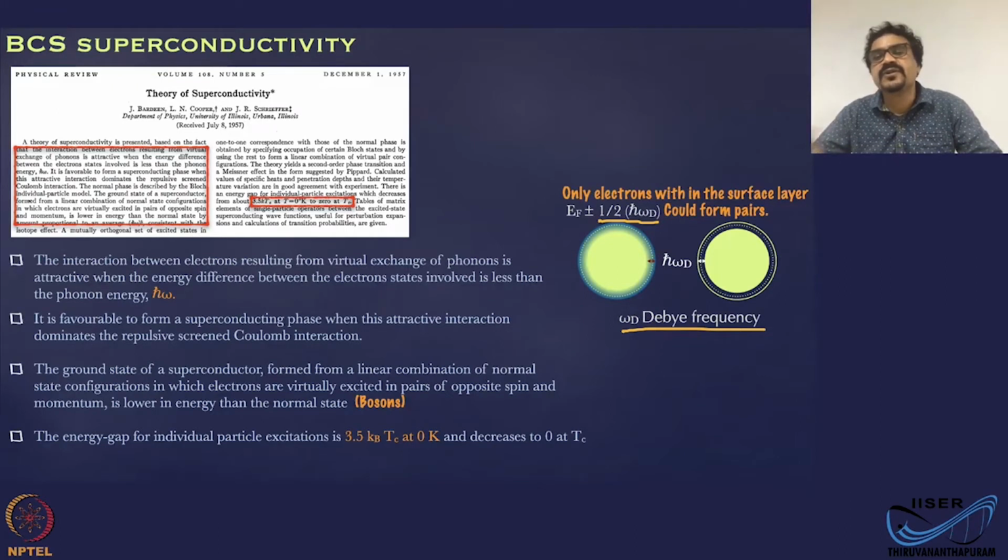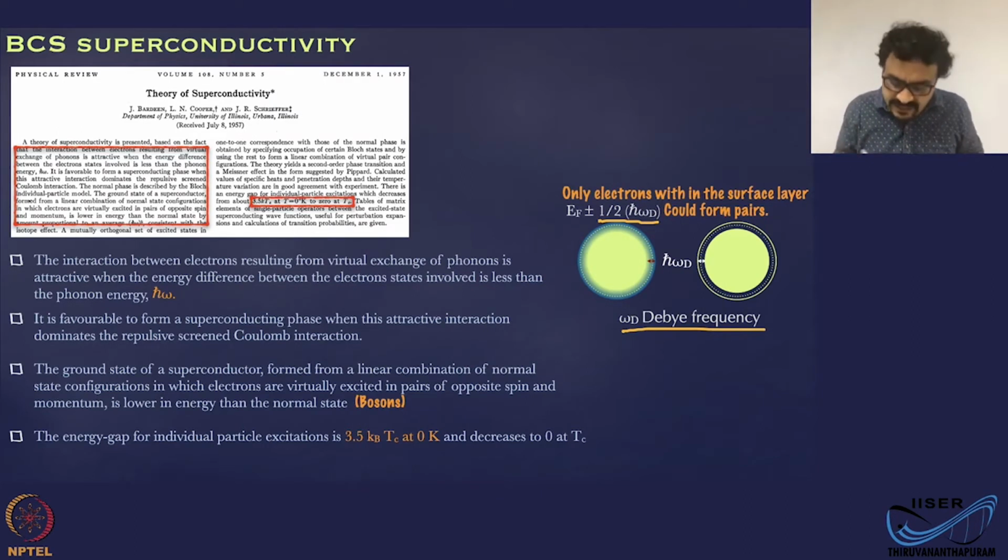Half h bar omega d on either side of the Fermi energy, covered by the Debye energy or Debye frequency, all those electrons will combine and condense onto the ground state, which is right at the Fermi energy.